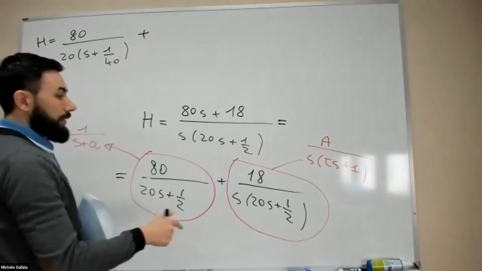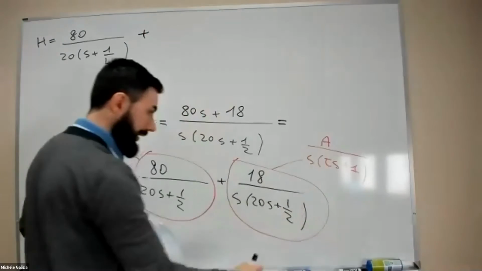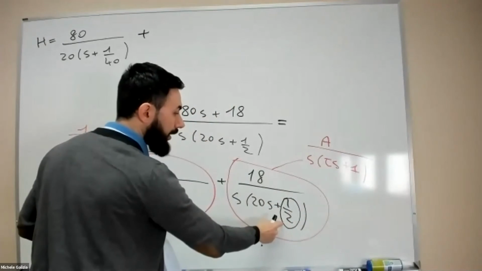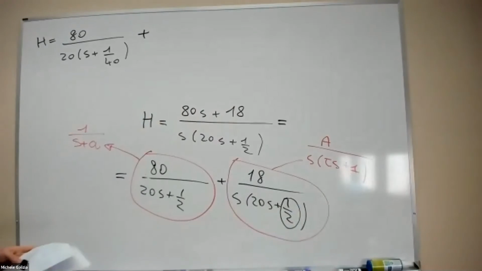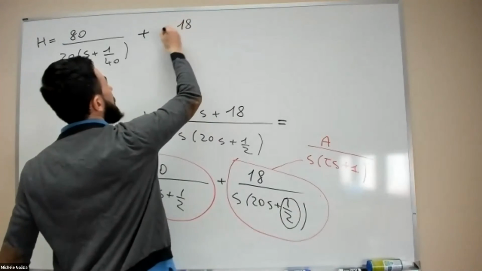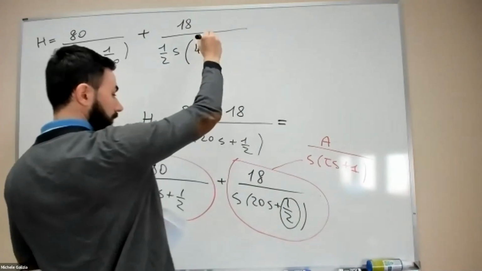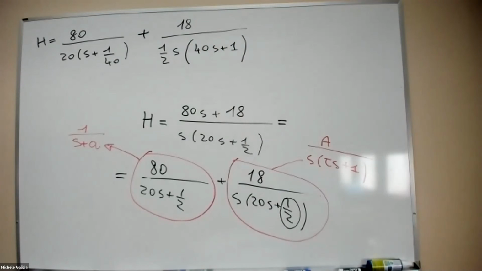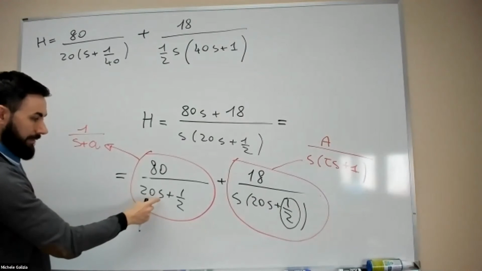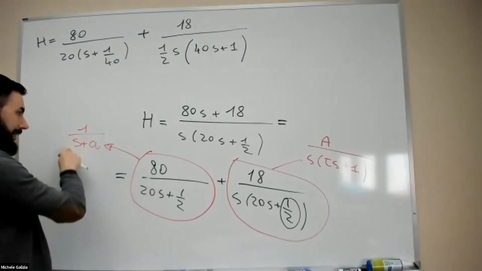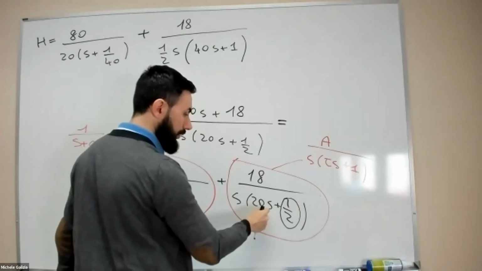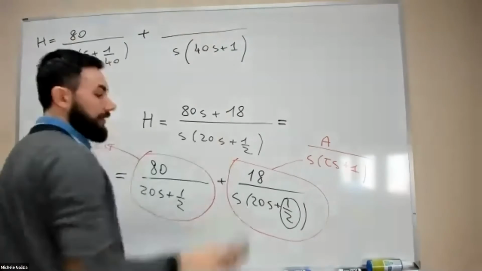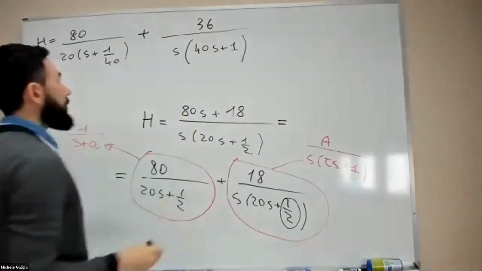To make this equal to this, I need this coefficient to be equal to 1, not 1/2. Make sense? So what I want to do is the following. I'm just manipulating this to make this expression equal to the standard one, and this expression equal to the standard one. Let me simplify as much as we can.